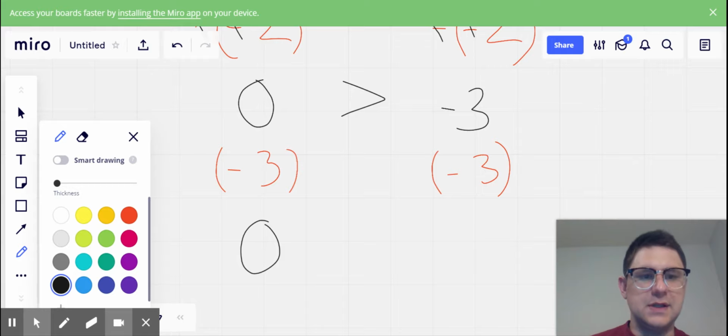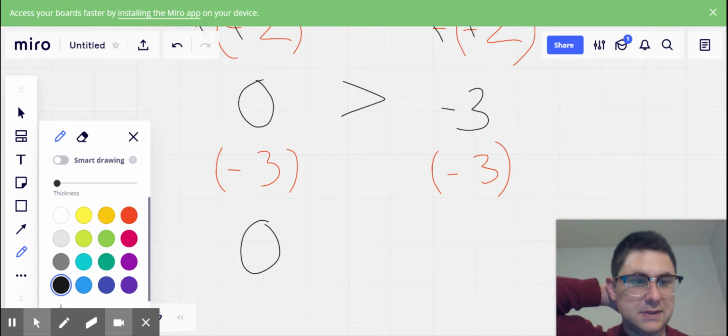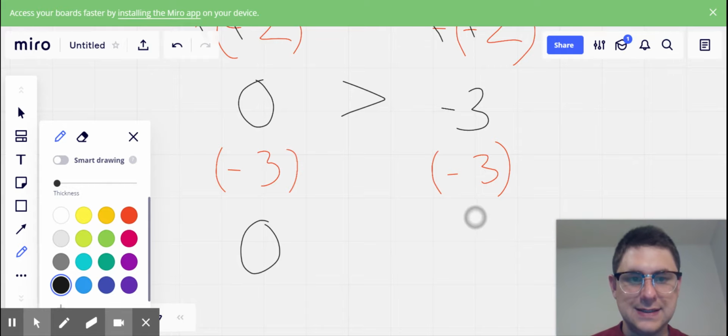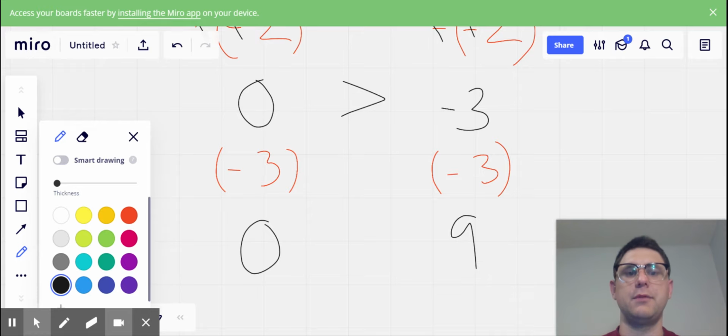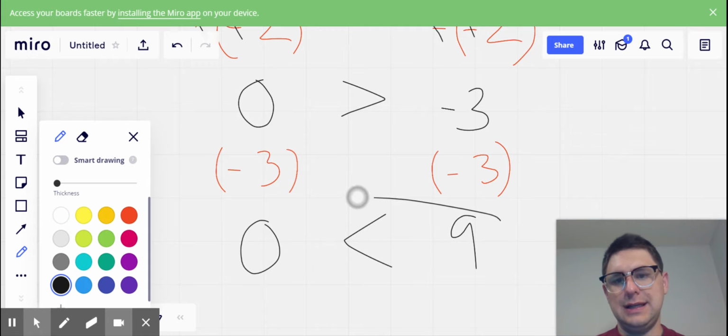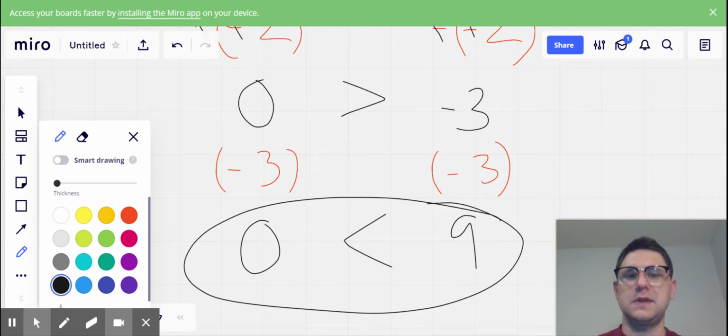Then -3 times -3, a negative times a negative is a positive, so that's going to be +9. Then we write a true inequality statement. 9 is greater than 0, so the mouth is eating the larger thing. So 0 is less than 9 should be what you end up with for that first problem. Hopefully that helps.